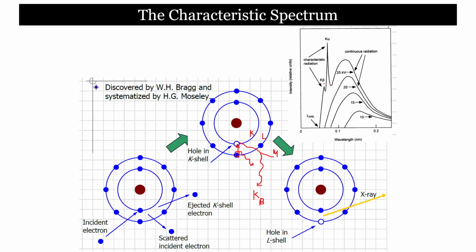If you want to analyze a compound which has two different atoms, and those atoms have similar energy of their K alpha radiation, then for one you can analyze K alpha, and for the other you can analyze K beta.